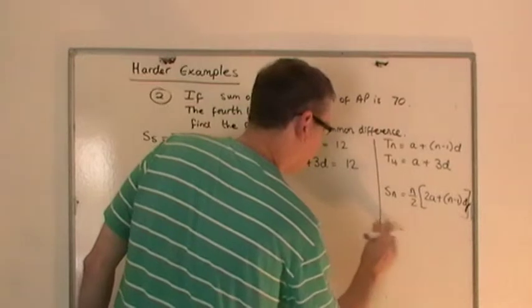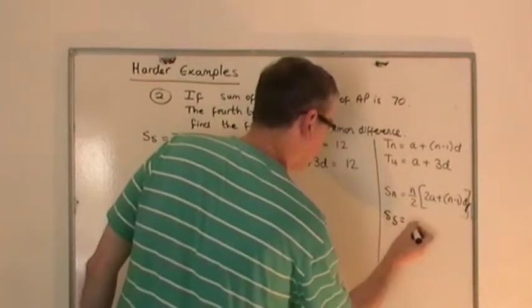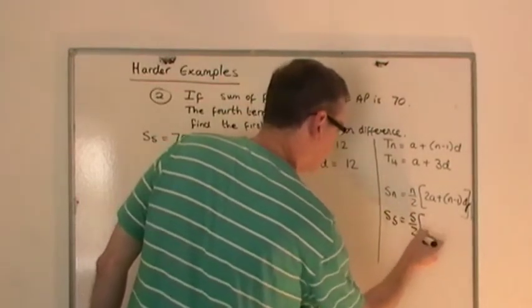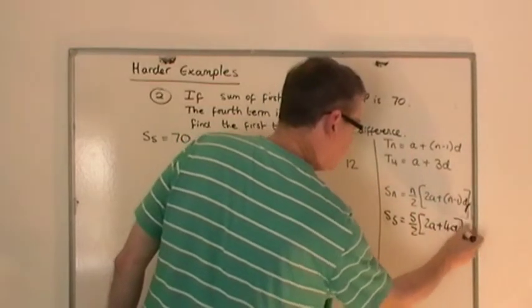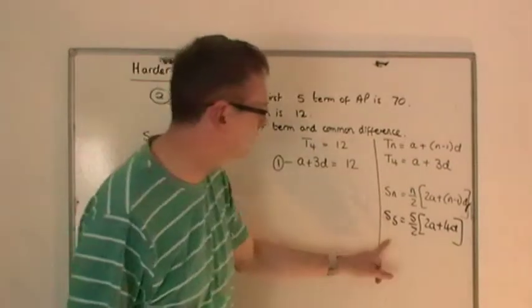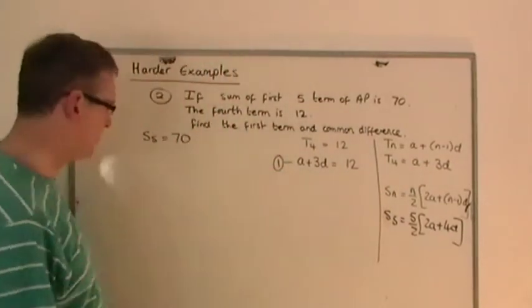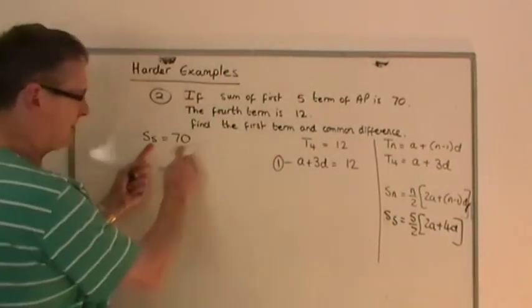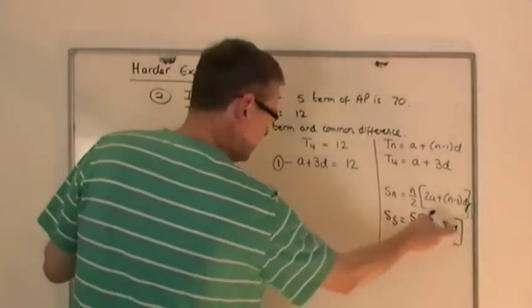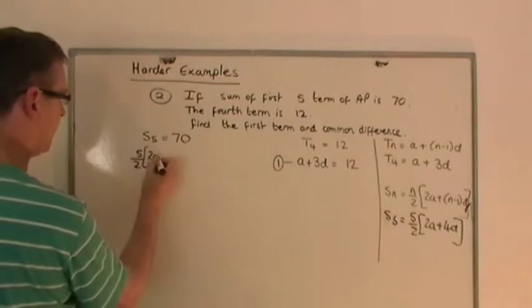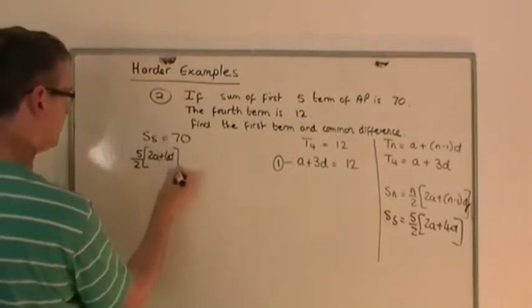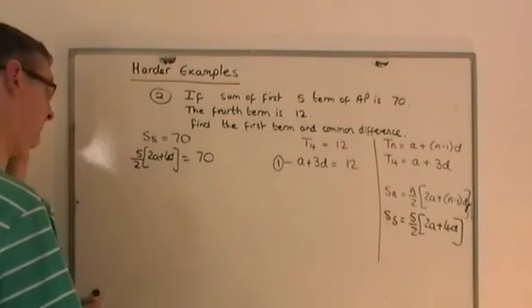So it's 5 over 2 bracket 2a plus 5 minus 1, which is 4d. So I get S5 equals that expression there. I'm going to change S5 in this statement up here into that expression. So on the left I get 5 over 2 bracket 2a plus 4d, and that's equal to 70.